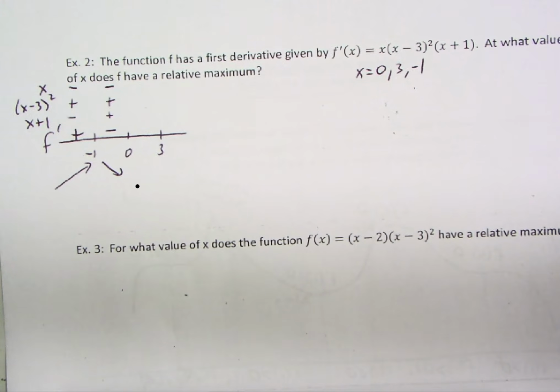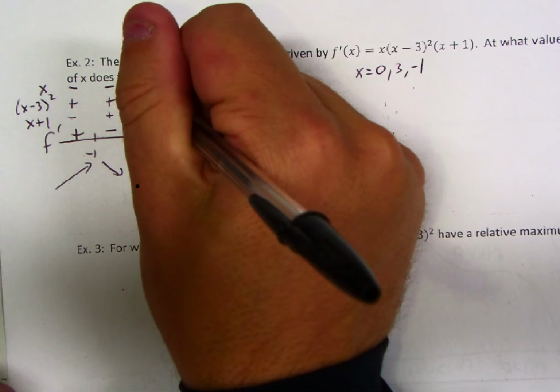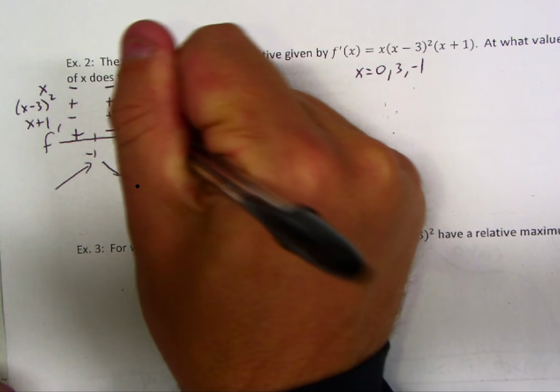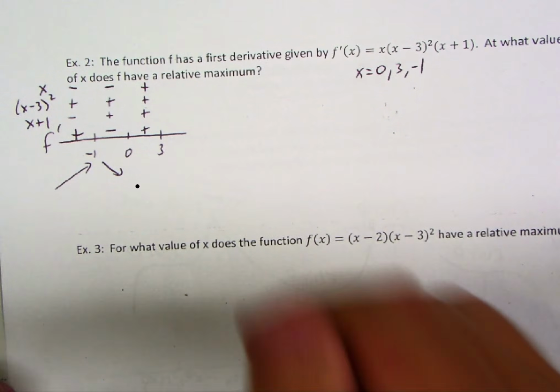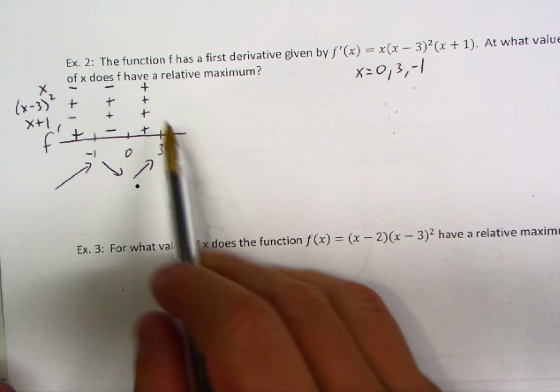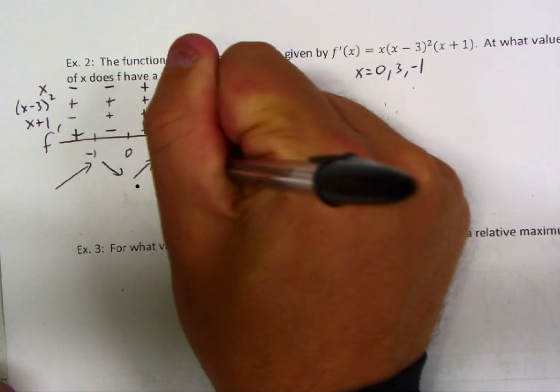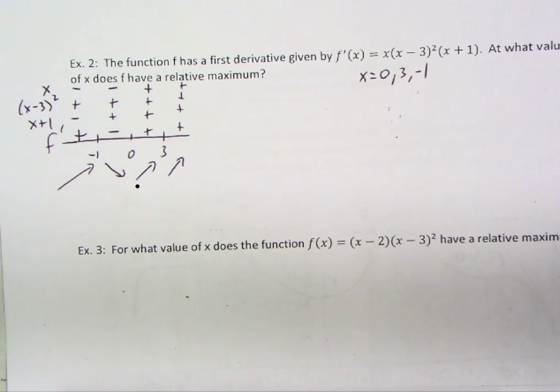The actual numbers don't matter. Plug in 1 from this interval. So I would get positive, positive, positive. So positive. And then plug in a big positive number. And again, these are all positive. So again, this is not required. I just think this helps organize everything.